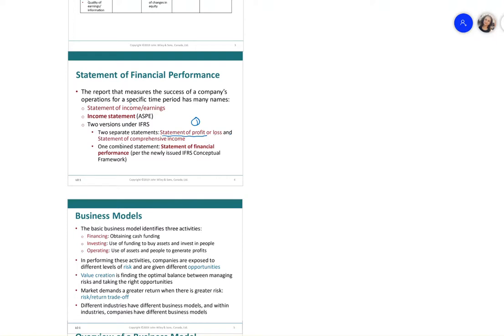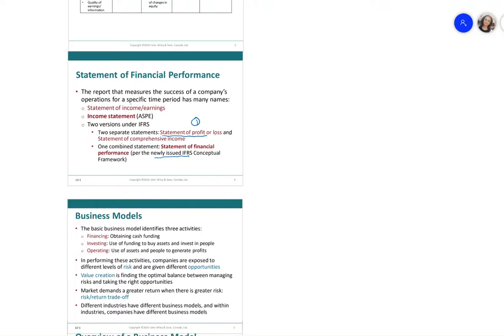And then the new IFRS conceptual framework combines this statement of financial performance into one statement. So that's what they did. They combined it into one statement.